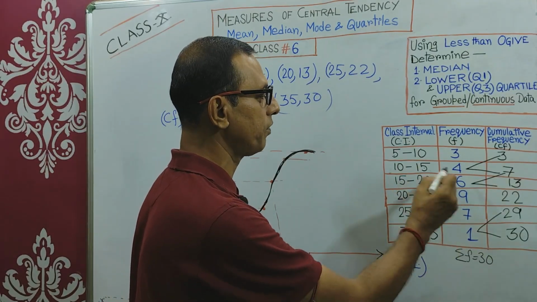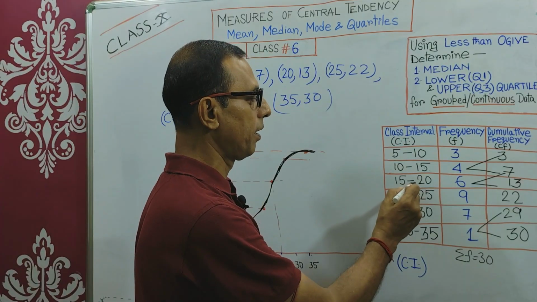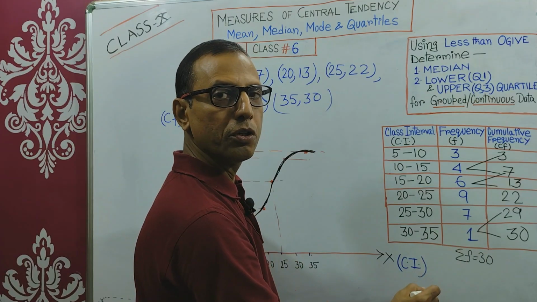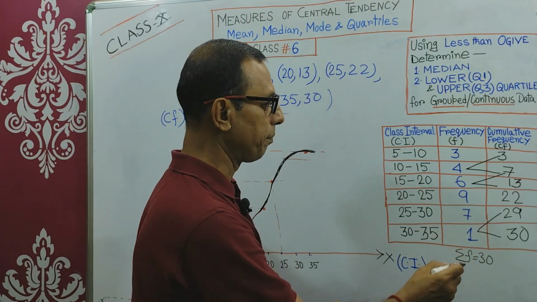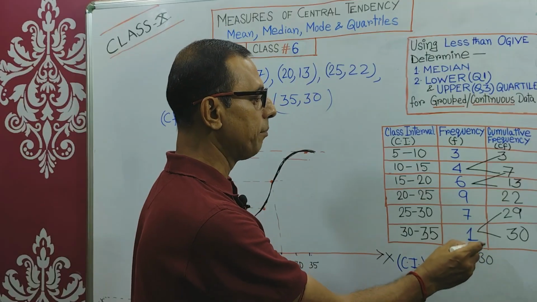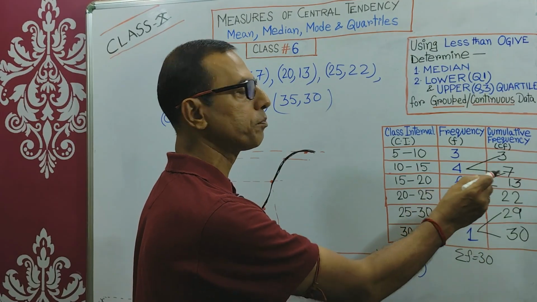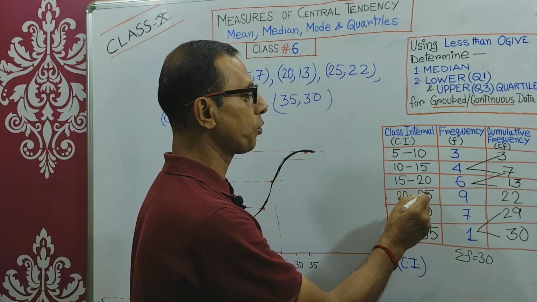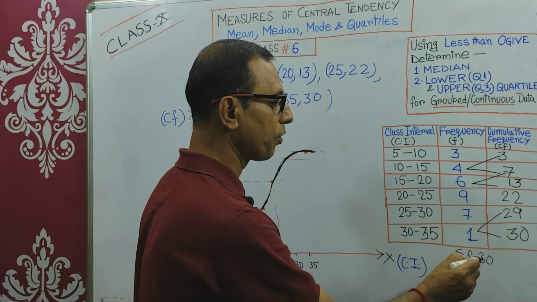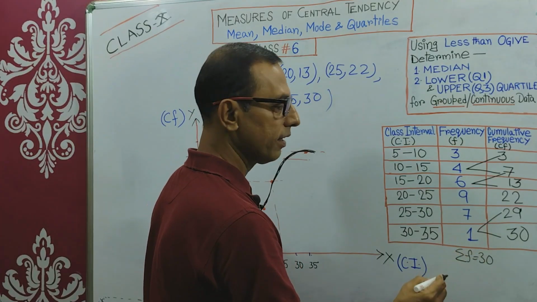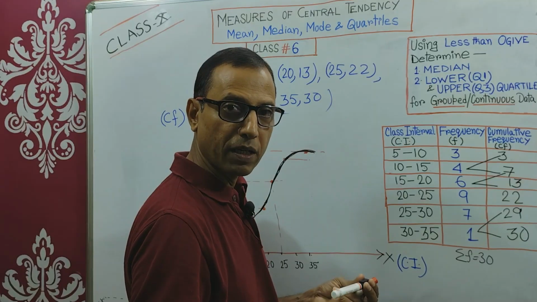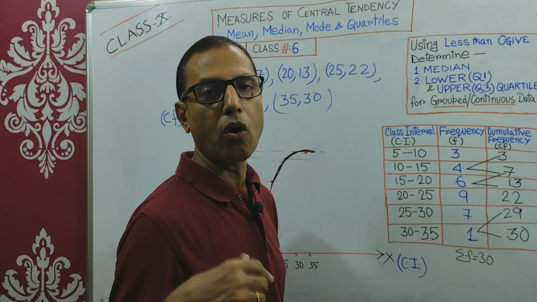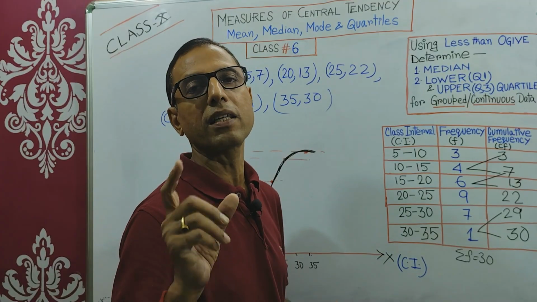But when you are considering grouped data or continuous data, you don't need to do this n by 2 plus 1, because even if you do that, you don't know which position has which observation value, since it's grouped data. It is 20 to 25. So you need to take only the 50% of the data. In any case, whether it is an even or odd number of observations, the median is at the middle position.